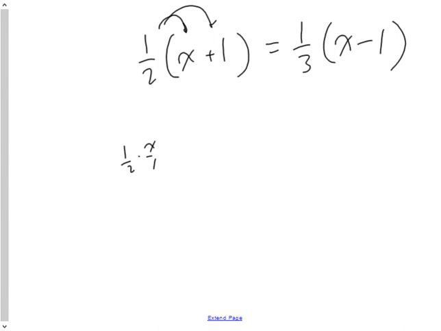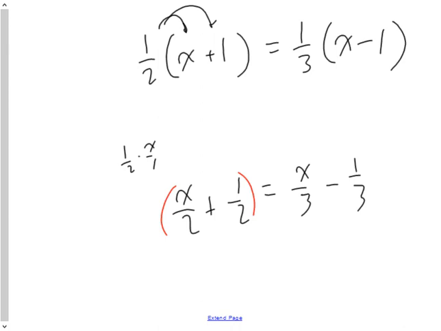A half times x is x over 2. A half times 1 is a half, equals a third times x, which is x over 3. And a third times negative 1 is negative a third. So once we expand it, we get this, and then we're still going to multiply both sides by 6.